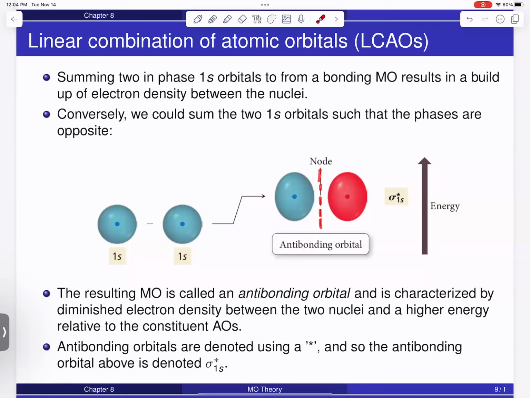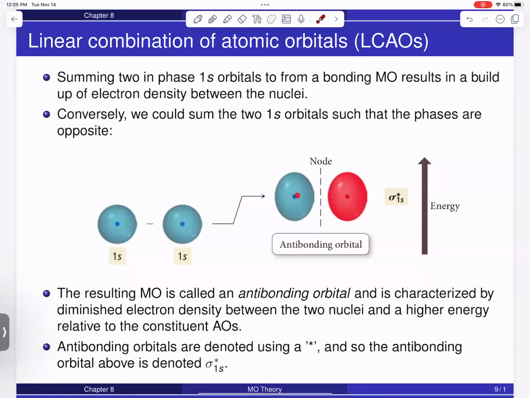Remember, a node is a region of space where there is zero probability of finding the electron. By forming a molecular orbital using this out-of-phase combination, we are making what we call an antibonding orbital, because in this antibonding orbital we are decreasing electron density in the region between the two nuclei, and to a very extreme extent. Right in between, there's actually a node. There's zero probability of finding an electron there. And so this is obviously still a sigma-looking orbital. We still have that symmetry across the internuclear axis.